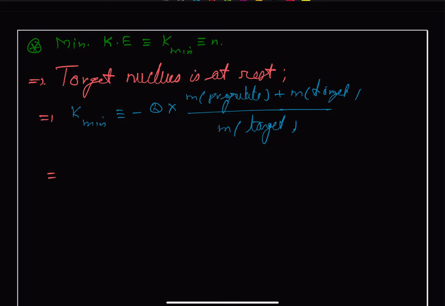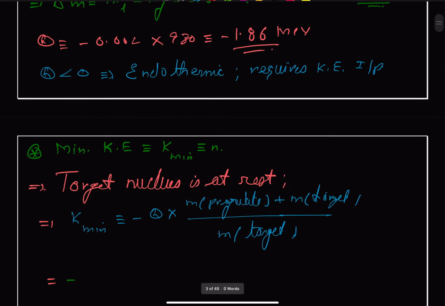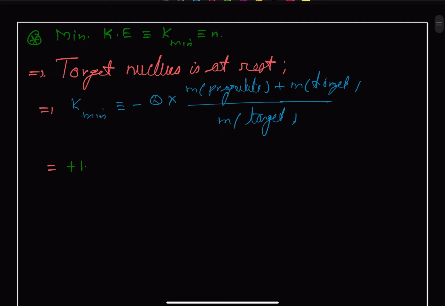Minus Q will be giving us plus 1.86 multiplied by mass of the projectile, our helium, that is 4.003, plus target, our nitrogen, given as 16.006, divided by 16.006, and this will be giving us 1.86 multiplied by 1.25.